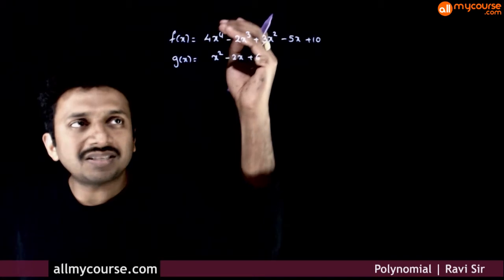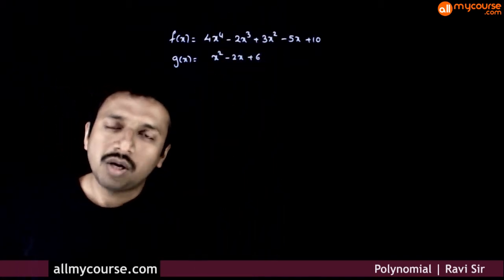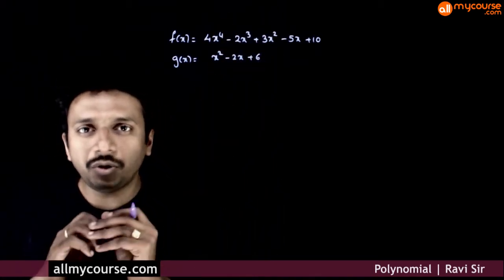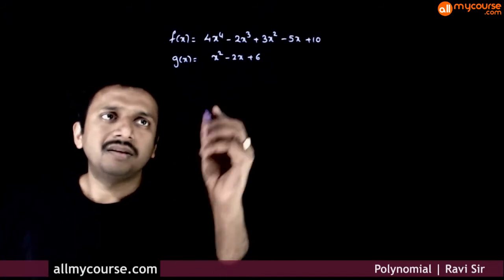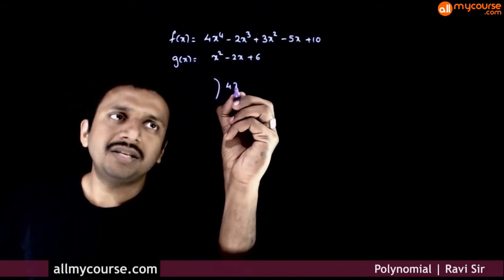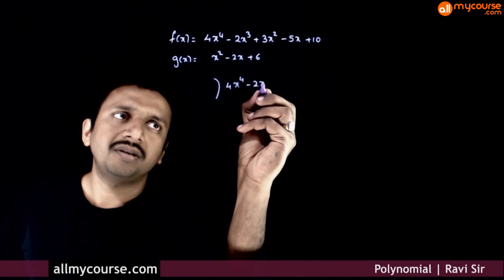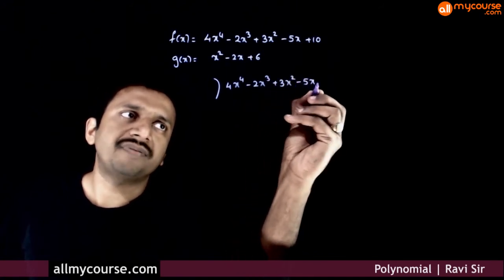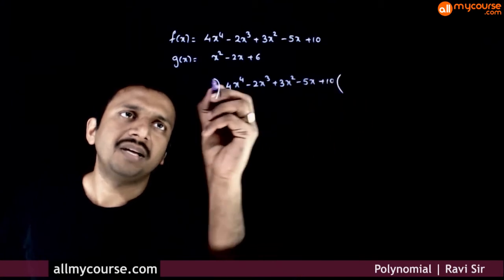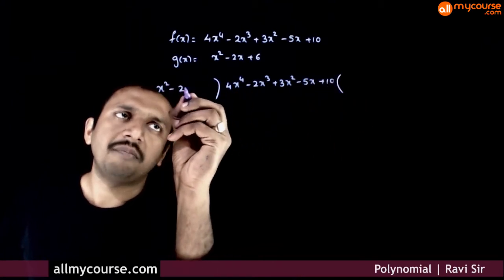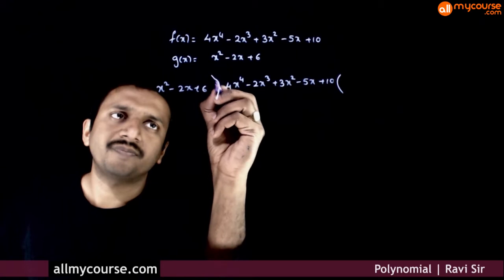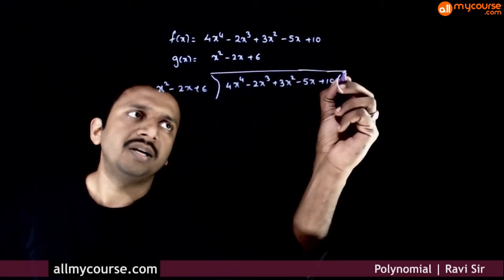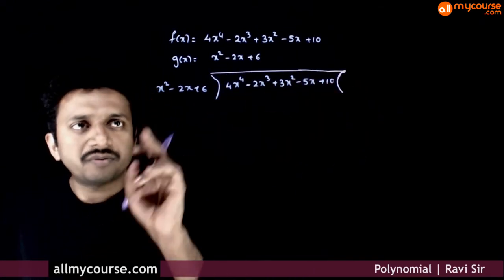So corresponding to this f of x and this g of x, what are the polynomials q of x and r of x? To get that, we just need to divide these two polynomials: 4x power 4 minus 2x cube plus 3x square minus 5x plus 10 divided by x square minus 2x plus 6. I hope you know how to divide polynomials.